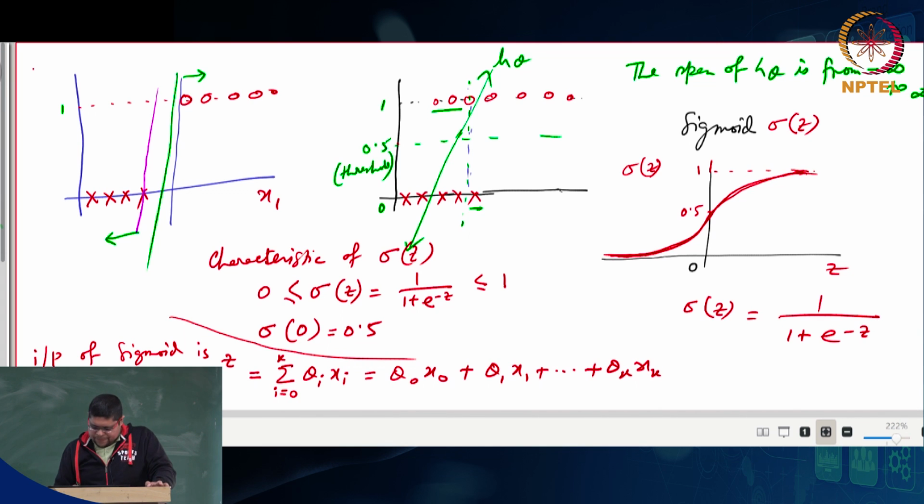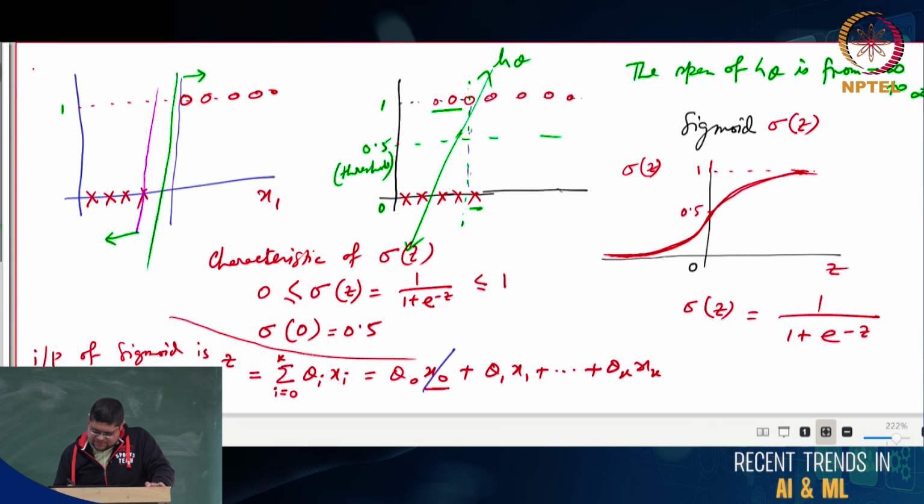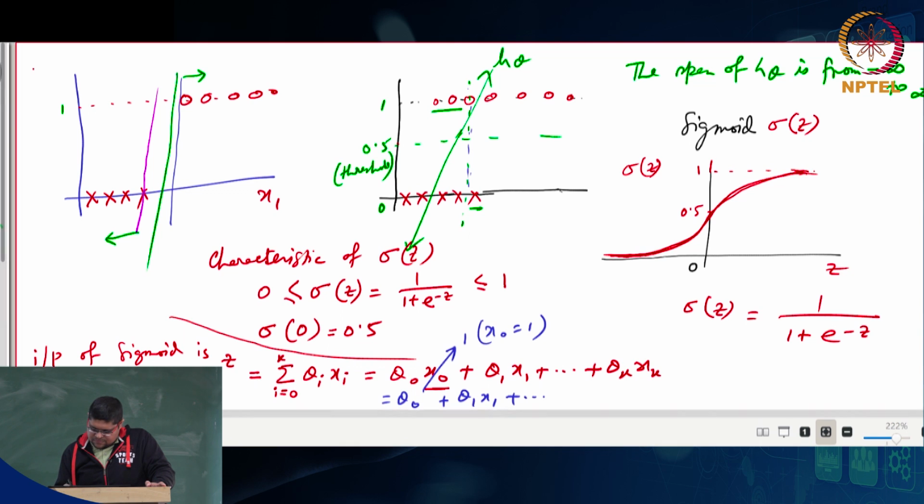So here what we do, we consider x0 as 1. That means if x0 equals 1, then theta 0 plus theta 1 x1 plus theta k xk, right?